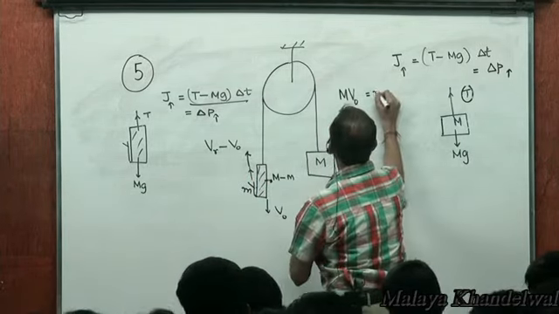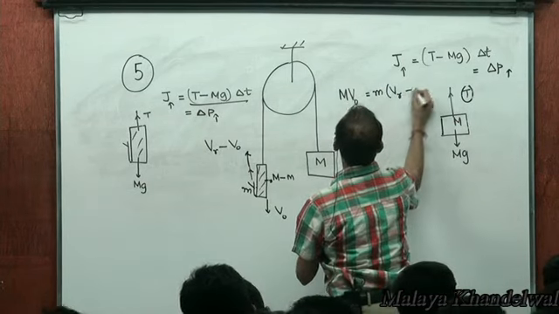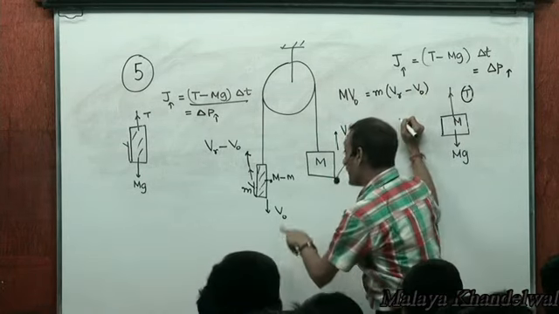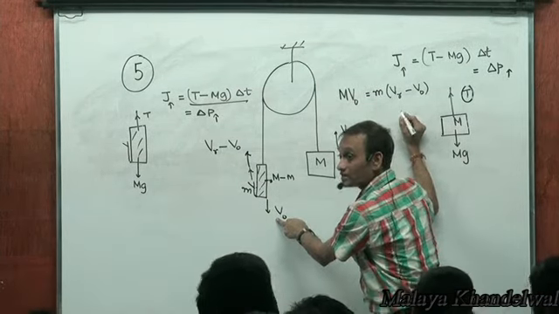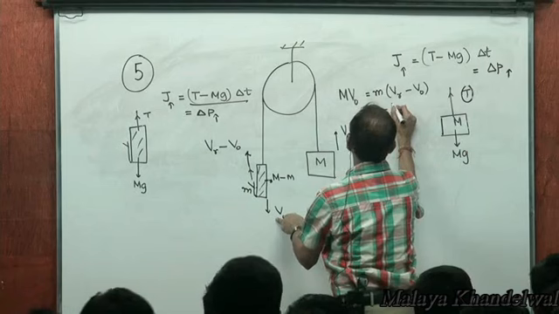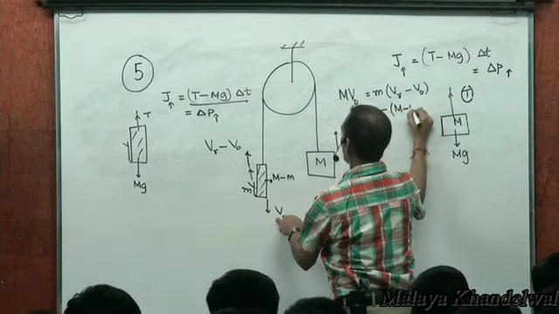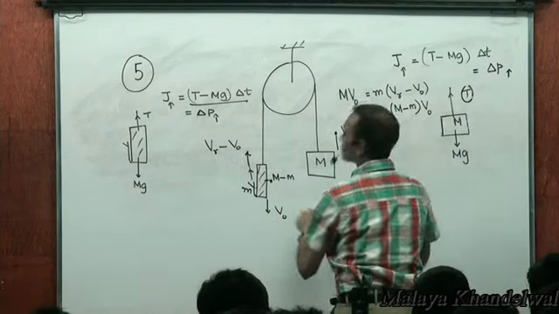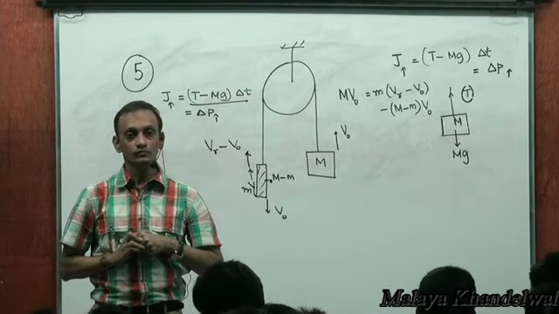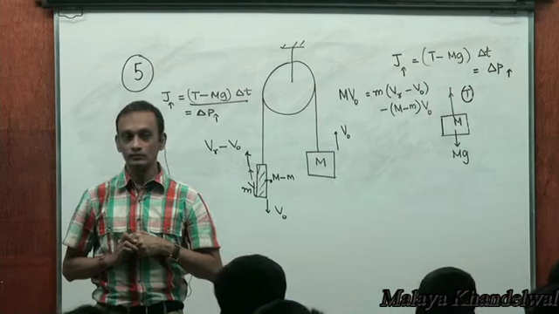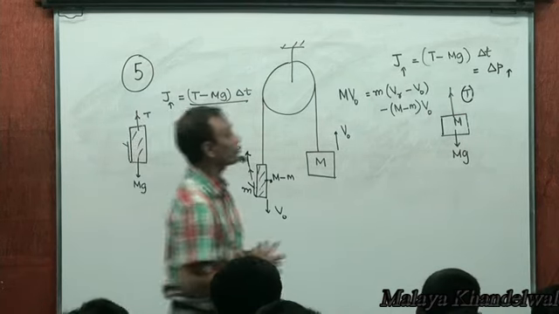Upwards, small m into Vr minus V naught, minus capital M minus small m into V naught. Minus, right? This is downwards. Yes or no? Yes. Okay.